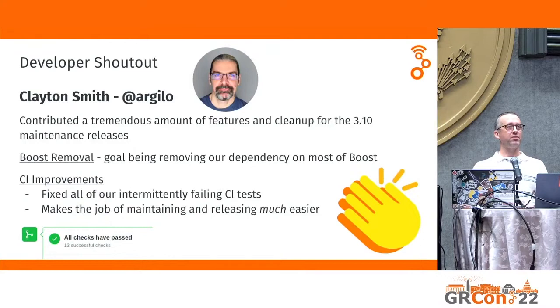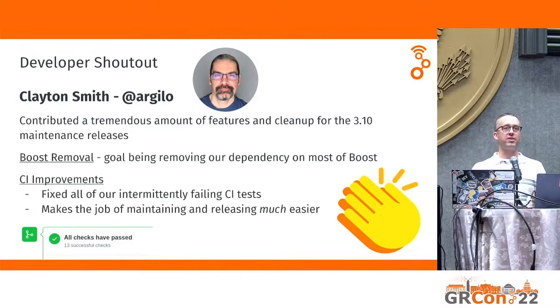So one thing we want to do is highlight a lot of the exciting work that's gone on in the community. First, I want to give a shout out to Clayton, who's here. Clayton did a tremendous amount of work in two particular areas in these 3.10 releases in the last year. The first was removing a lot of our dependence on Boost.